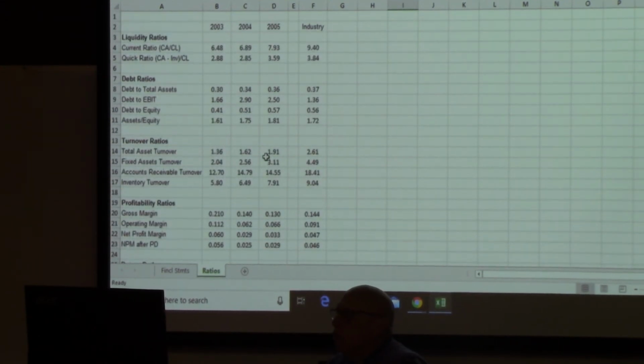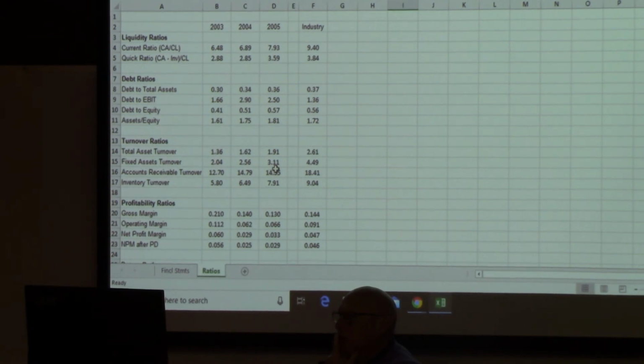Let's see about their turnover ratios. Their turnover ratio actually picked up, which means their sales relative to their assets picked up. Accounts receivable turnover did not pick up, and inventory turnover did not pick up, but fixed asset turnover did pick up, and that's a good thing.